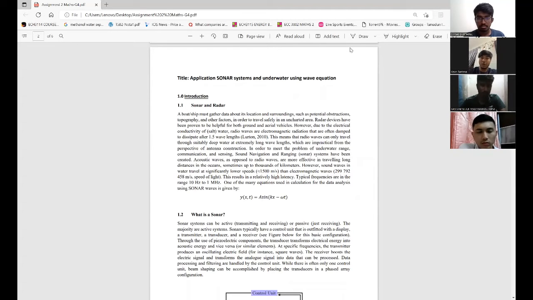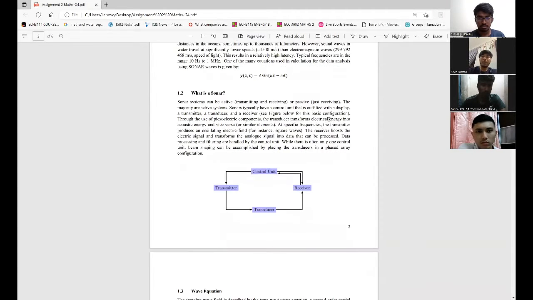So what is a sonar? A sonar system can be active, by transmitting and receiving, or passive, which means just receiving. The majority are active systems. Sonar typically has a control unit, a transmitter, a transducer, and a receiver. The transducer transforms electrical energy to acoustic energy and vice versa.